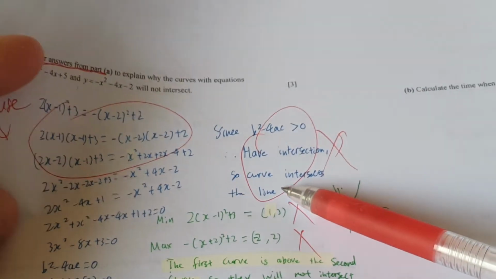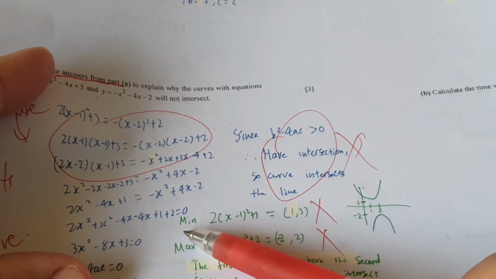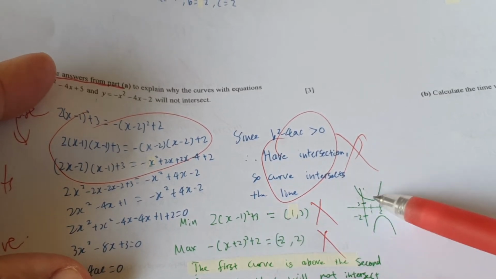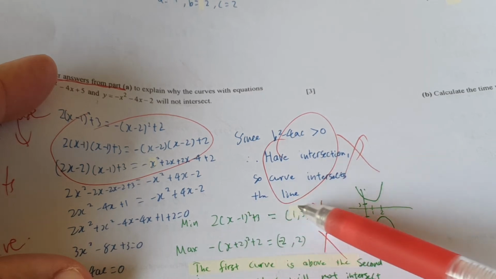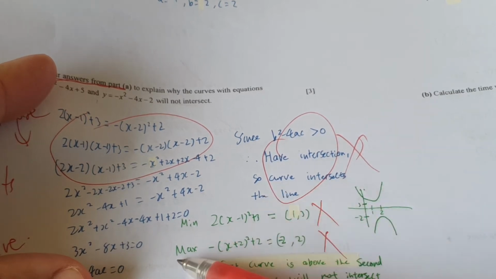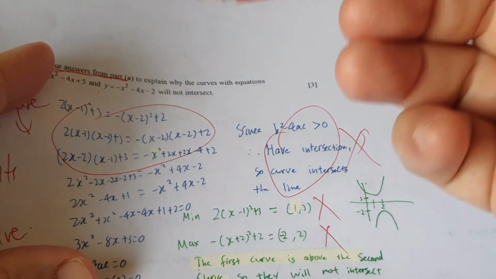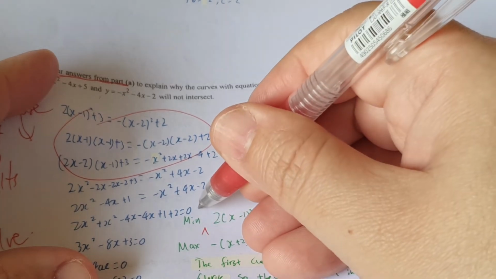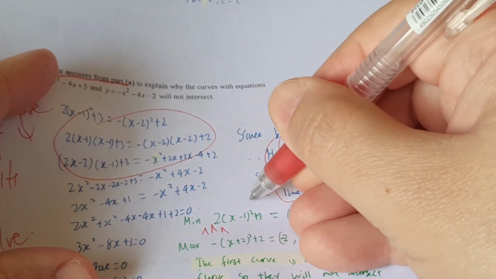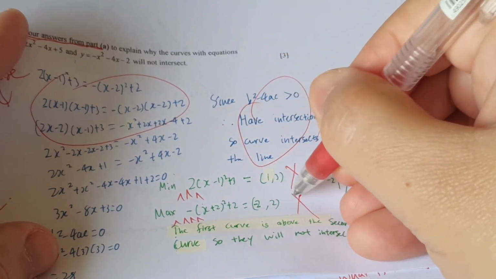Then you try to do corrections, but your corrections are also wrong because you say minimum this. The minimum of this expression should just be 3. The maximum of this expression should just be 2. So what you meant was the minimum point of y equals this, and the maximum point of y equals this one.